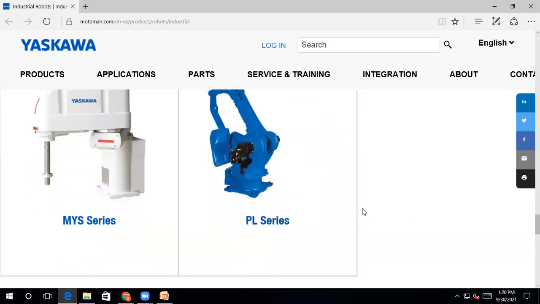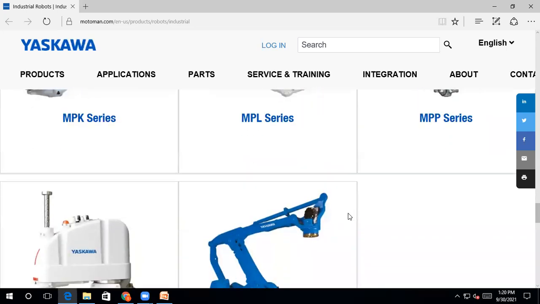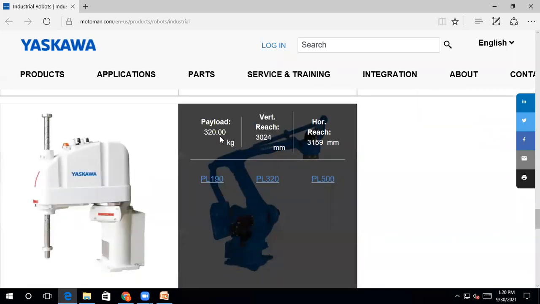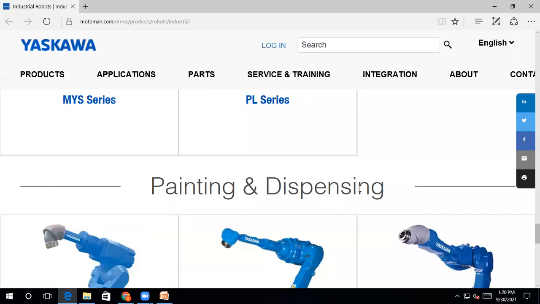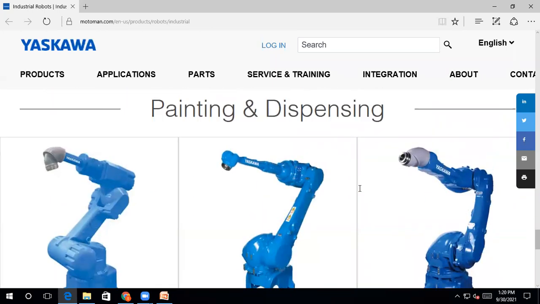Then again this PL series, payload 320 kg, vertical reach 3024 mm, horizontal reach 3159 mm. These are the different types of robots under this category. Now the next classification is painting and dispensing. Robots are also used for spray painting applications and dispensing.